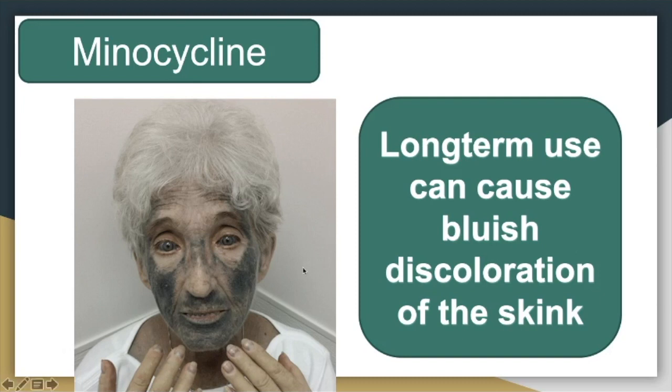This was a case report, and the minocycline was stopped, but her skin remained the same, unfortunately. Minocycline is a really good drug, but we prescribe it only for short periods of time because of this side effect.